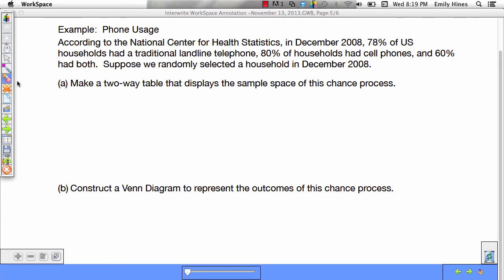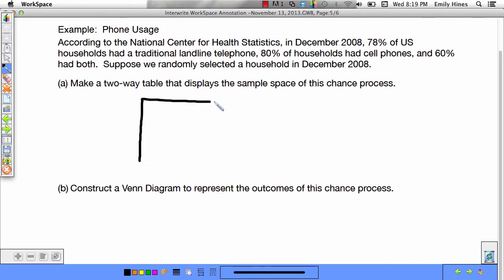Even though I don't have actual numbers like we did in our earlier example, I can still make a two-way table, because I can make a two-way table out of proportions and percents just like I can out of counts and frequencies.